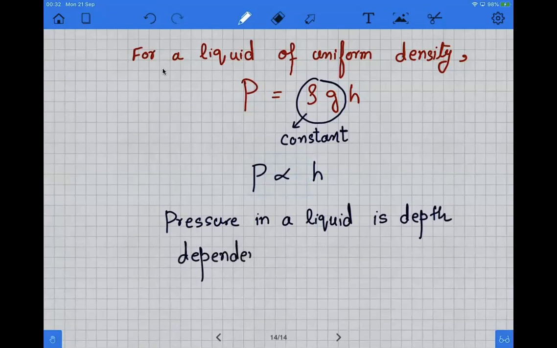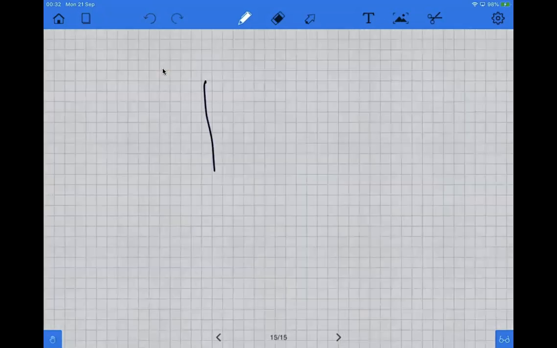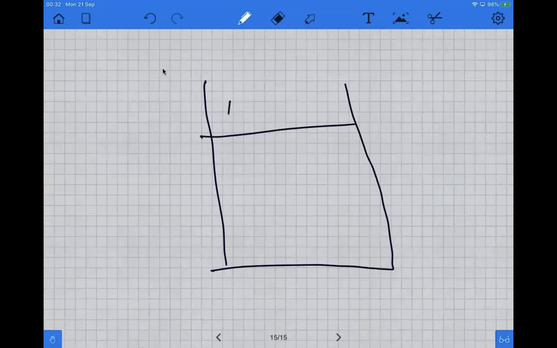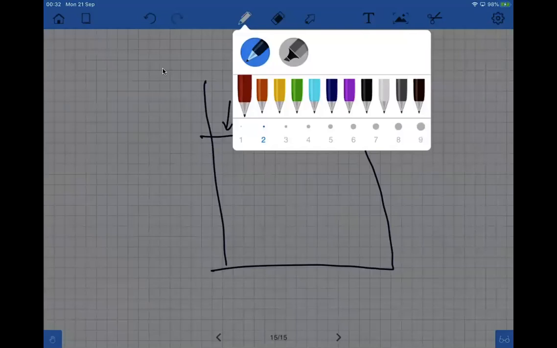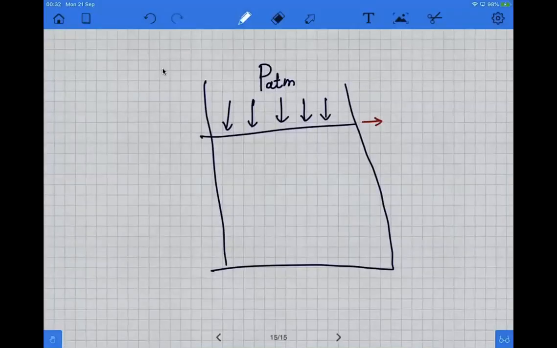If we just want to understand the concept, then if you take a liquid, on the surface of the liquid what you will get is the atmospheric pressure due to atmosphere. Here you have purely atmospheric pressure. Now let's suppose this is the surface of the liquid, and you're moving downwards.